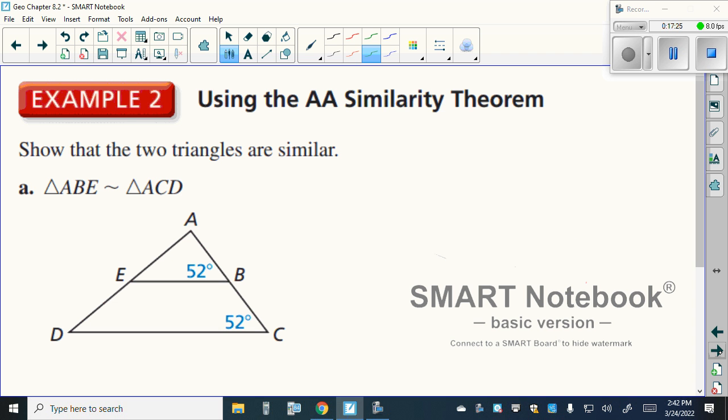Now the last thing we're going to do is using the angle-angle similarity show that it's true. So we're still doing the same thing. We just need 2 angles that are congruent. Here, they did tell us one set of angles are congruent. So we're halfway there. Well, we know that angle what?